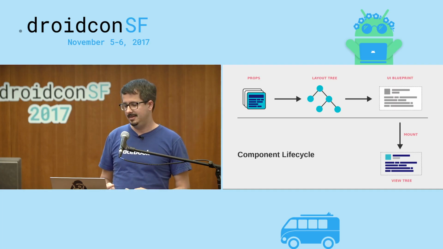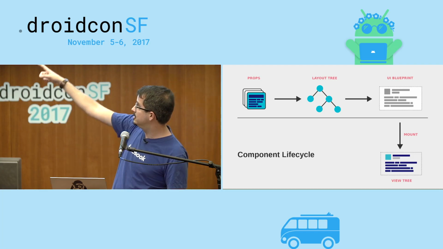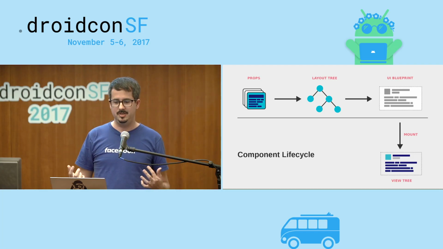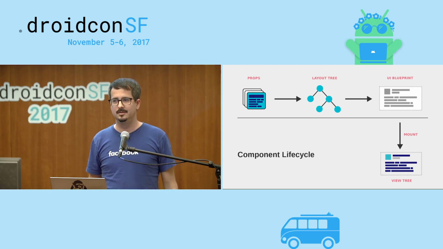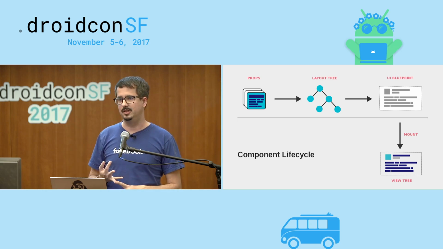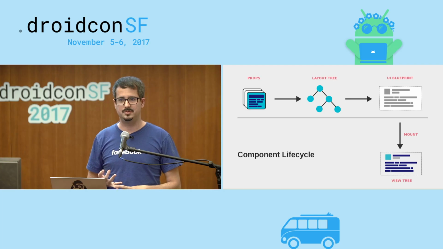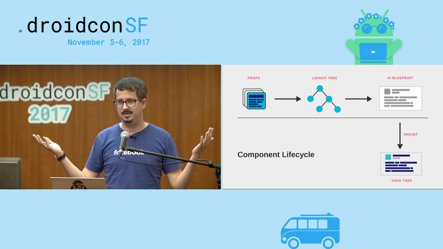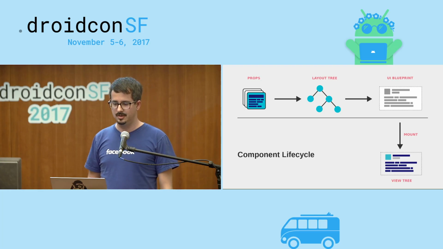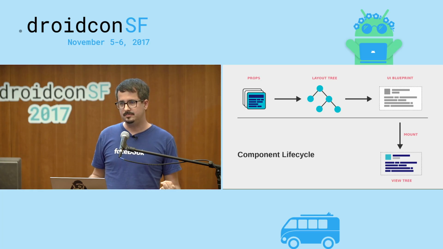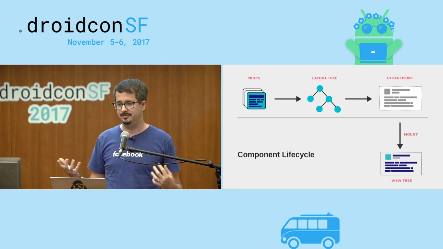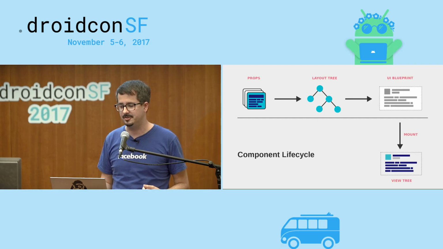In fact, the horizontal line here also means that whatever is above that line can run on any thread, because your code is fully functional and immutable. You're dealing with immutable props, so your user code doesn't care what thread calls it. Not only are we splitting layout from rendering, but we also have ways to run this code in different threads. That's a big advantage here.